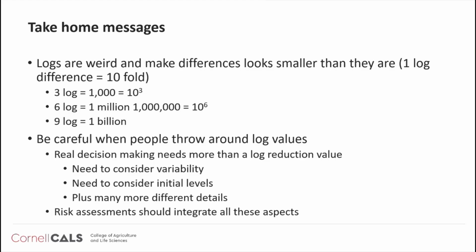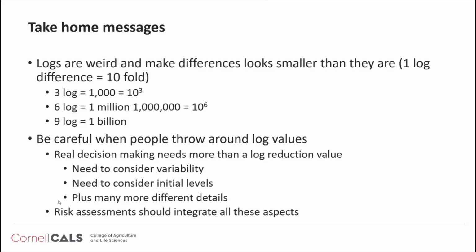You need to consider variability, initial levels, and many other details such as the pH and what organisms this log value relates to, to really assess whether a given process for pathogen control is sufficient for your uses or not. Do not fall in the trap of thinking a 5 log reduction is the only thing that allows you to provide substantial increased food safety.